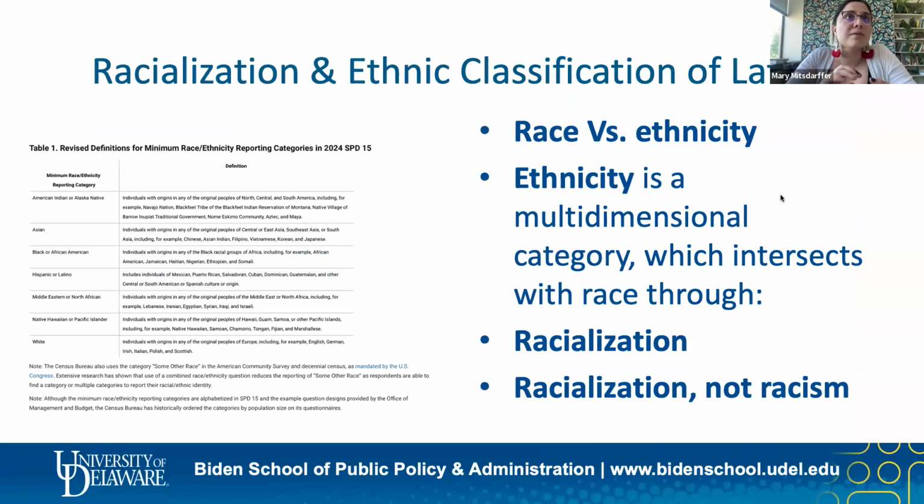But when we're thinking about racialization and ethnic classification in measurement, we grade race and ethnicity differently. Race is different than ethnicity, right? An ethnic grouping is about people with shared geographic origin, heritage, and language. So when we think about Hispanic, we usually think about people who speak Spanish.